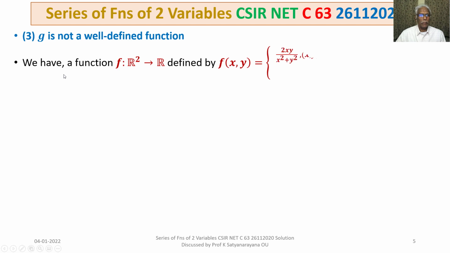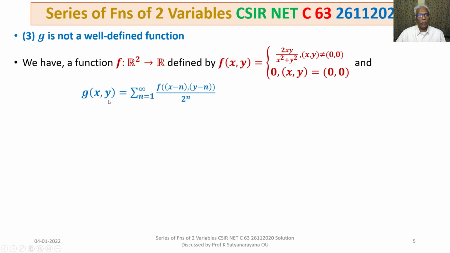First, let's take the statement that is given in option 3: g is not a well-defined function. We have the function R square to R defined like this, and g of (x, y) is defined as sigma n is equal to 1 to infinity f of (x minus n, y minus n) by 2 power n.